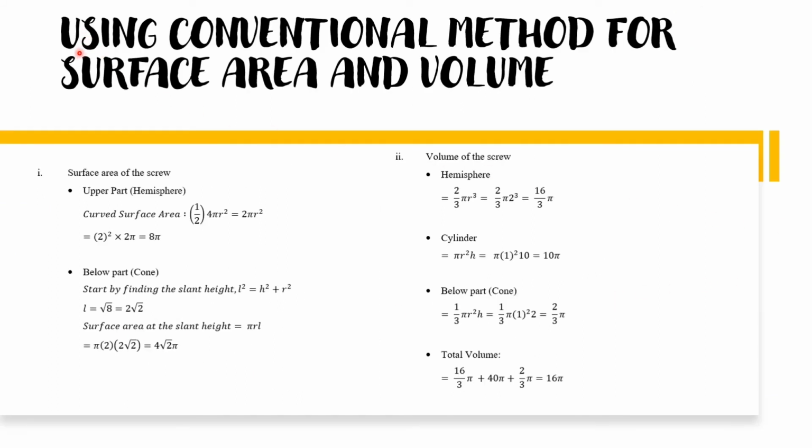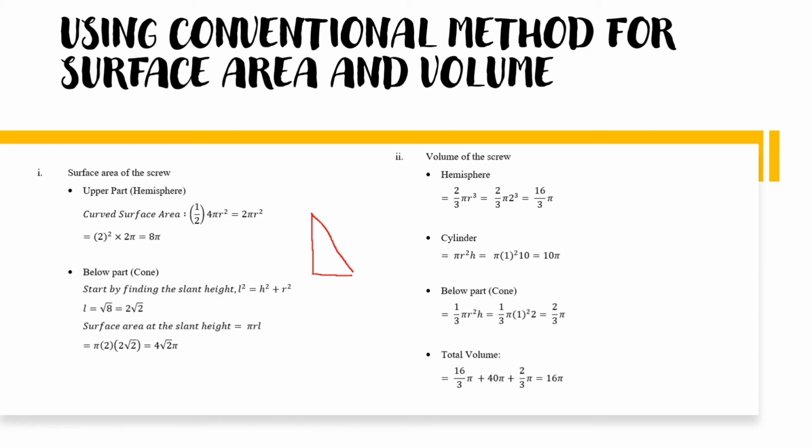So we are using the conventional method for surface area and volume. This is to prove that our calculation, the integration, is true and the same. So first one, surface area of the hemisphere, we got the radius is 2. We just calculate it, and then we got 8 pi. So for the cone, we have to calculate the slant height.